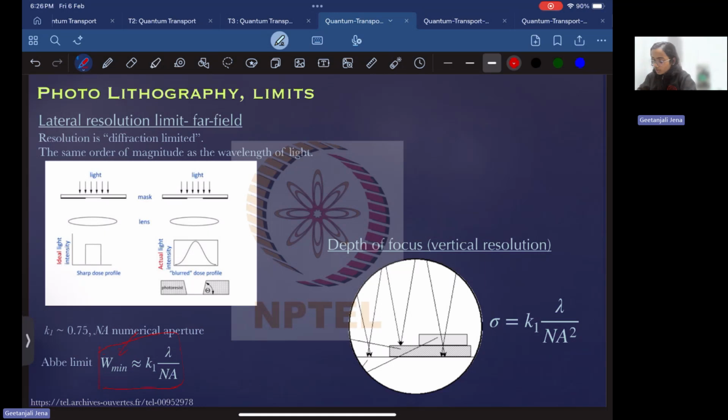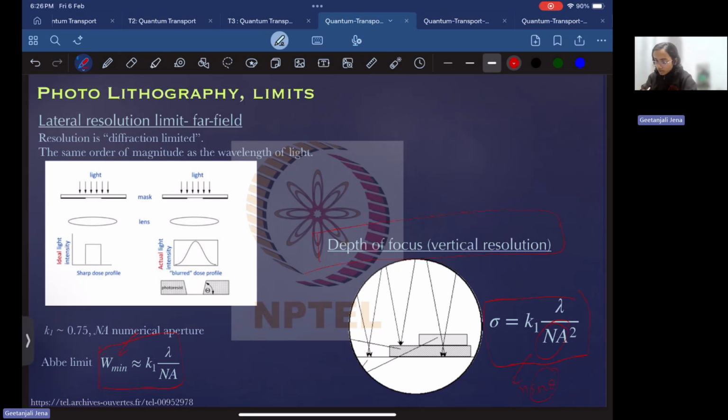Also, the depth of focus, that is the vertical resolution in this case, is given by the relation sigma equals K1 times lambda by NA squared. NA is the numerical aperture. We can also write it as n sine theta, where theta is the angle at which the ray is incident on the substrate and n is the refractive index of the medium.